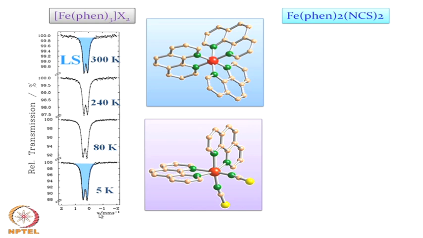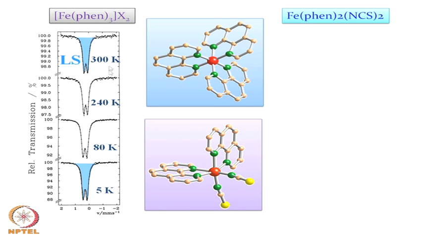We find that as we move from 5 Kelvin to 300 Kelvin, the relative transmission is changing, but the corresponding splitting is not changing much, it is almost the same.